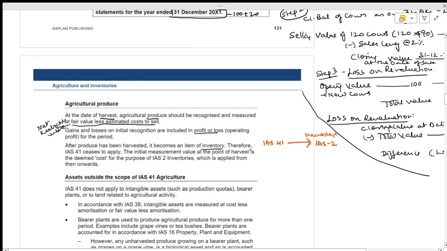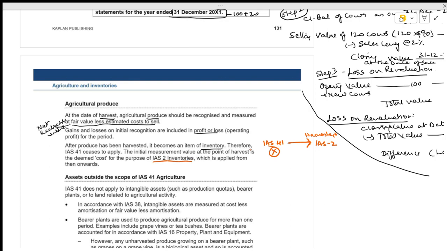Once it becomes an inventory, automatically what will happen? IAS 41 will cease to apply. It will be treated as IAS 2.